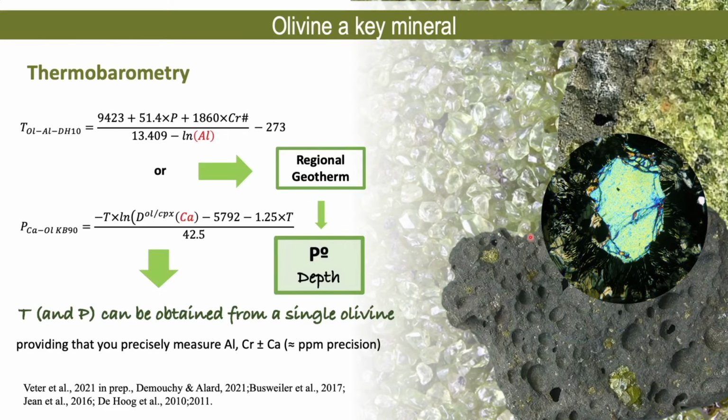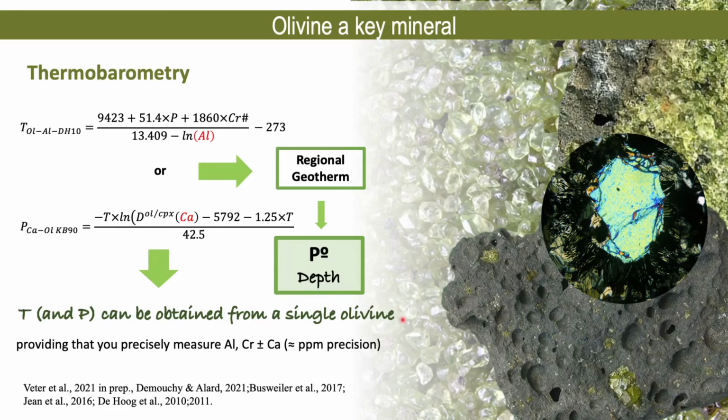Further, recently, olivine thermometry has improved considerably this last decade or so. We can now determine equilibrium temperature using aluminium or chromium in olivine, and then obtain pressure relative to the regional geotherm, or alternatively using calcium as a barometer.